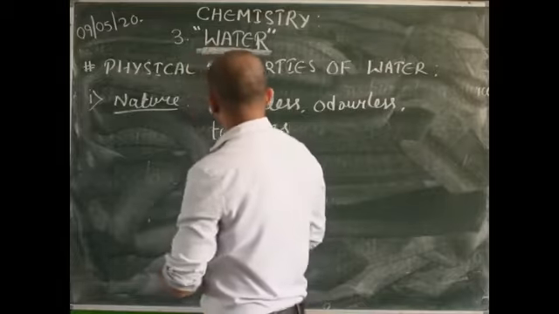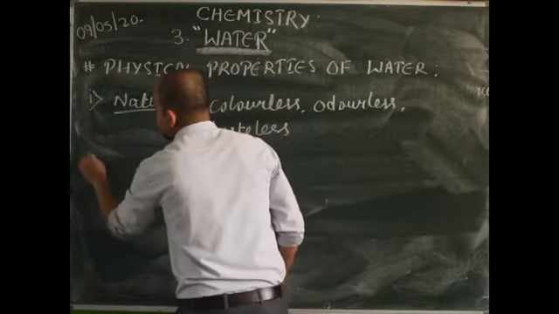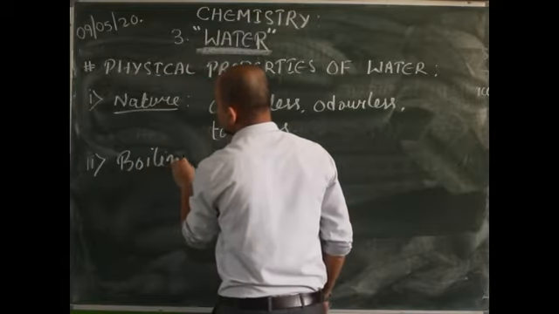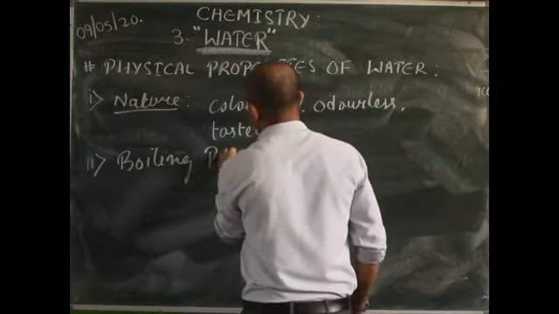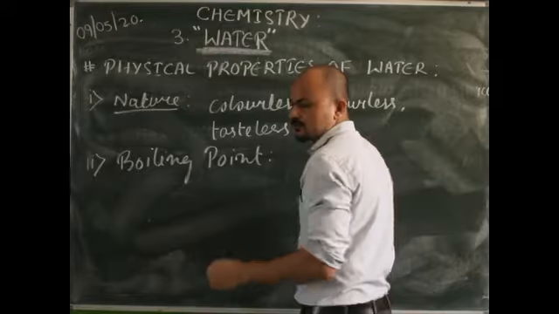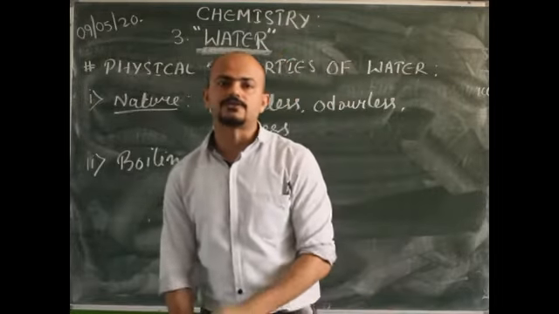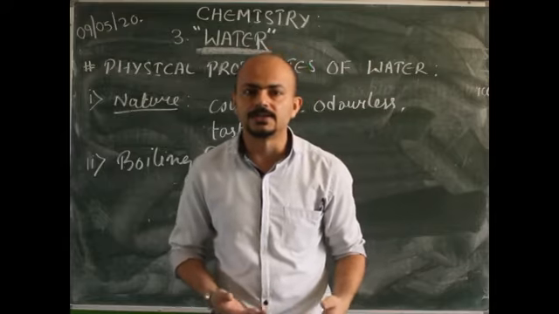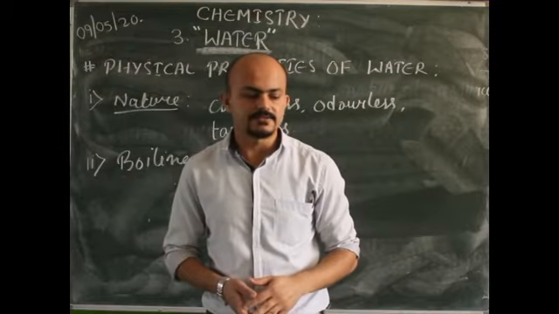Now, the second property is, let's discuss its boiling point. As you know, the boiling point of water at normal atmospheric pressure, that is 1 atmosphere, is 100 degrees centigrade.